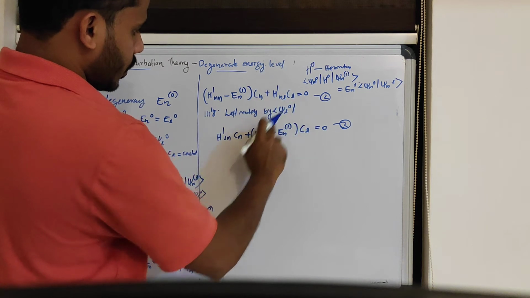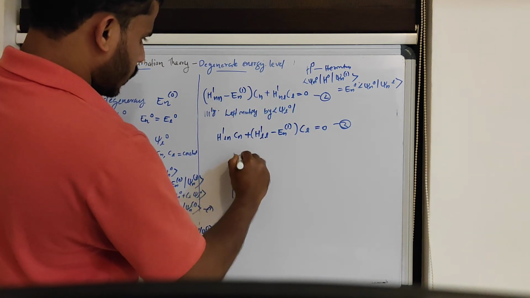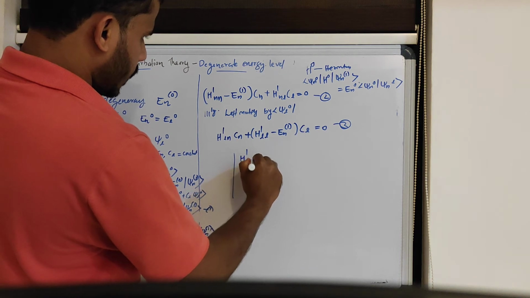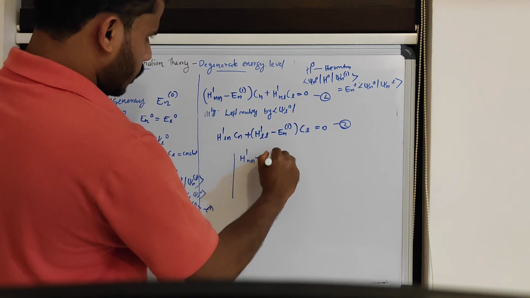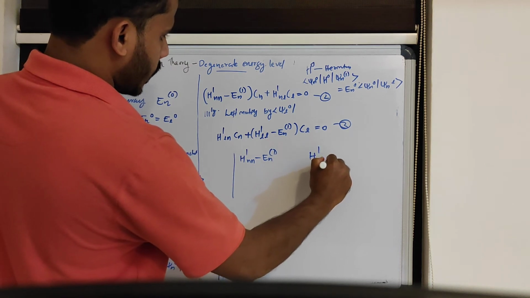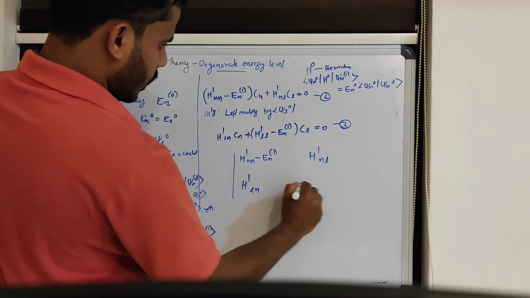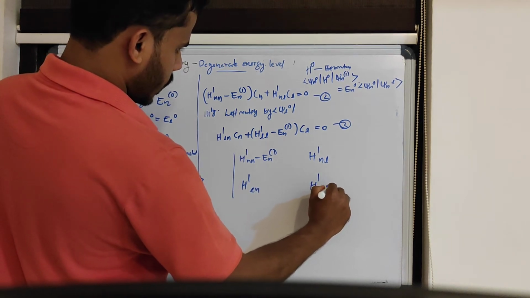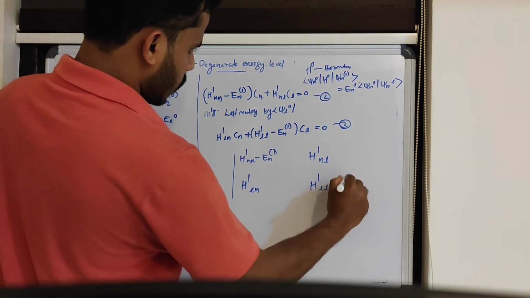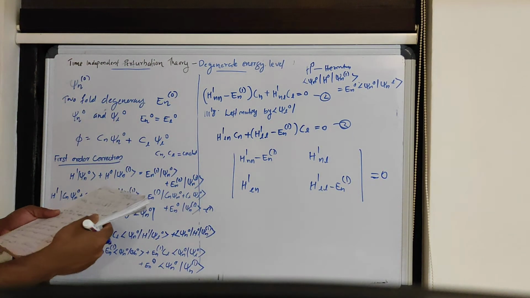Here Cn and Cl, here Cn and Cl. I took the determinant of this equation, then it becomes h prime nn minus En1, and here the coefficient is h prime nn, and here h prime ln, this h prime ll minus En1. The determinant is equal to 0, then only the solution will exist.